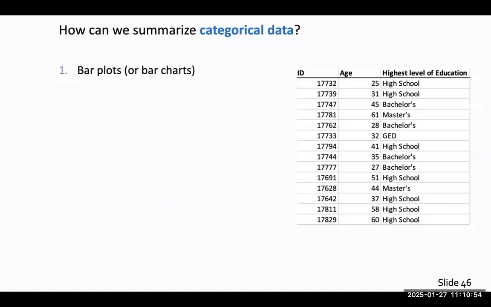I have individuals and their ages and the highest level of education they've received. The variable highest level of education has high school, bachelor's, master's, GED, and so on. That is ordinal categorical data because there is a specific order that matters here. Usually GED comes before high school, high school comes before bachelor's, and bachelor's comes before master's.